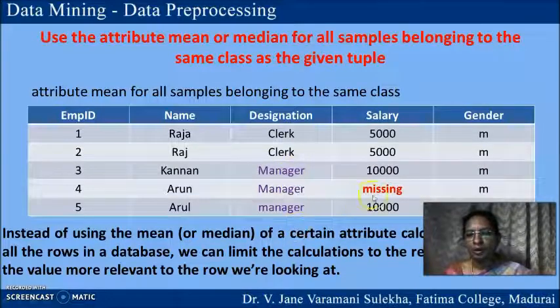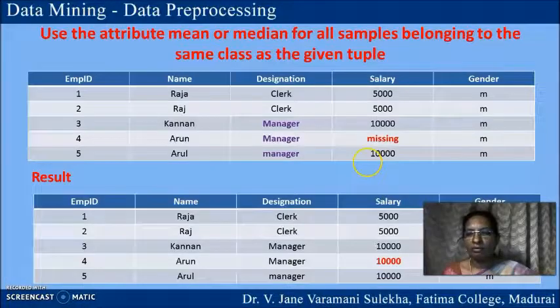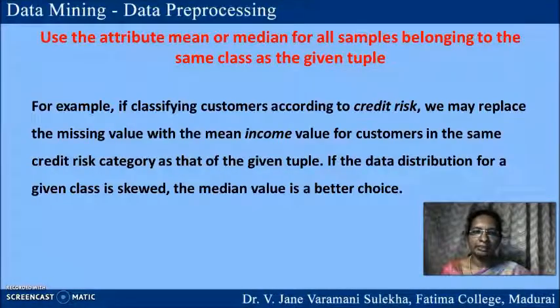In this record, one value is missing. So we will find the mean for the designation manager alone and fill the missing value. In this method, if classifying customers according to credit risk, we may replace the missing value with the mean income value for customers in the same credit risk category as that of the given tuple. If the data distribution is skewed, we can use the median instead of the mean.